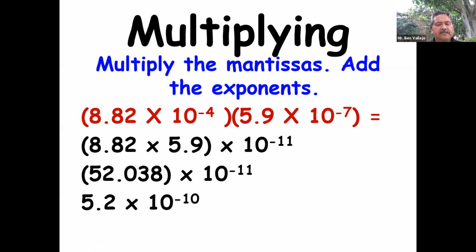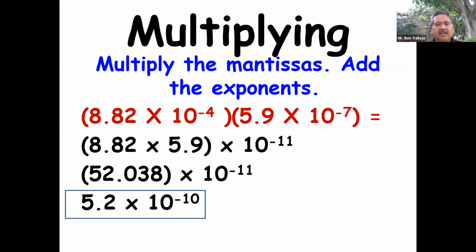If you remember my discussion of significant figures, I also have 3 sig figs here and 2 sig figs here. Even though you have 5 digits, your answer is going to be in 2 significant figures. Again, more on this as we practice more and more. So that's the answer.